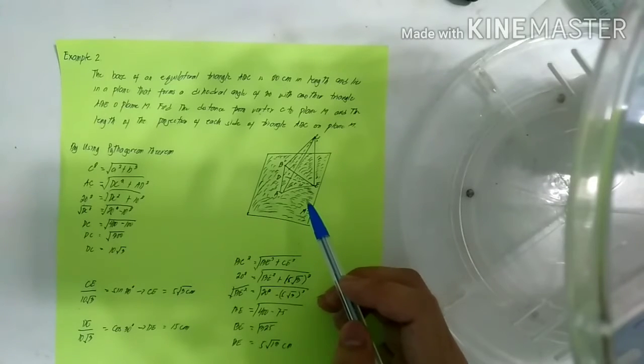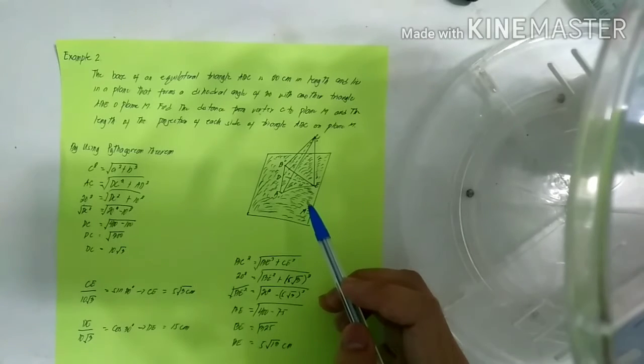On the other hand, the projection of the sides of triangle ABC are the two congruent sides EB and EA, forming the isosceles triangle AEB on plane M.